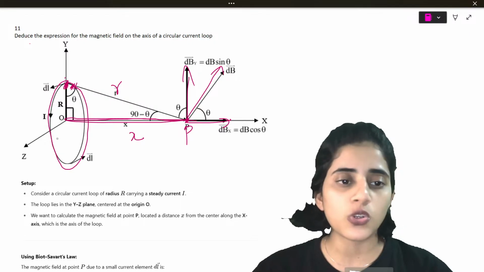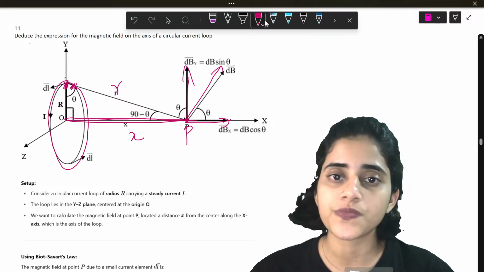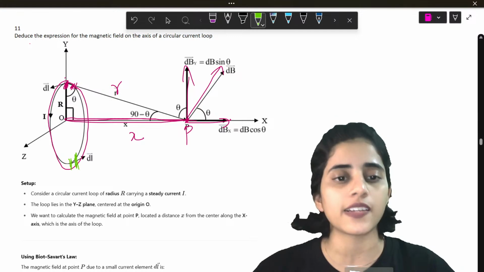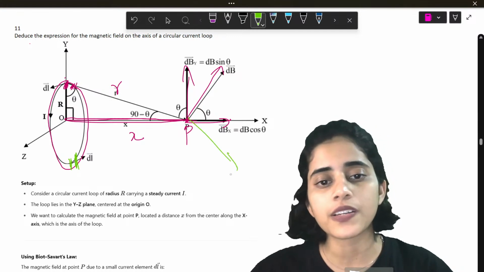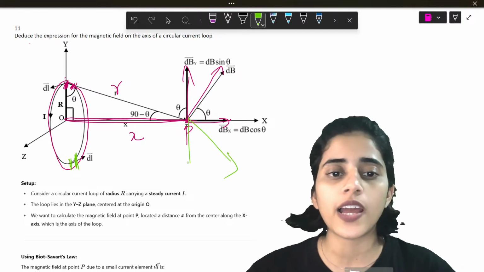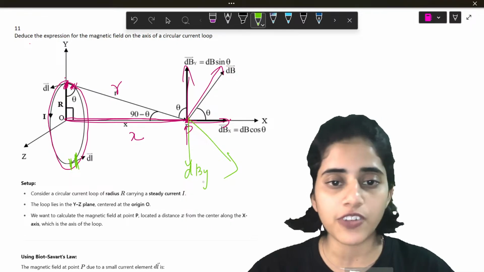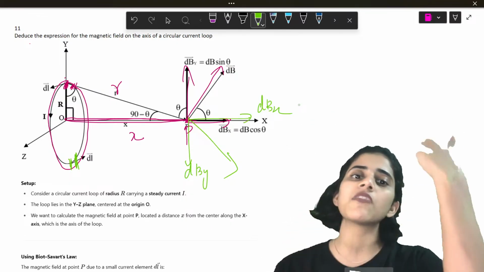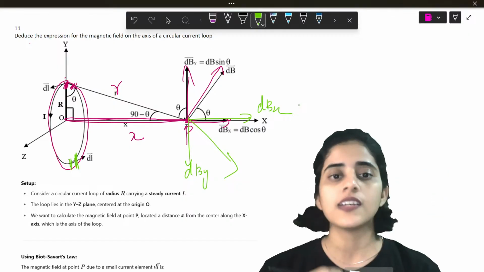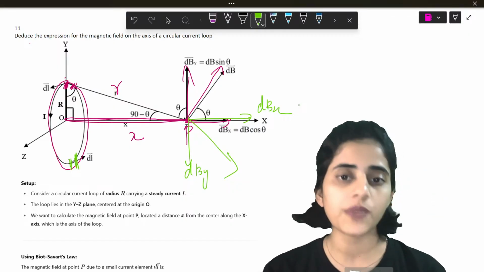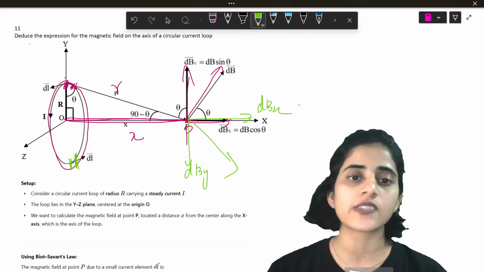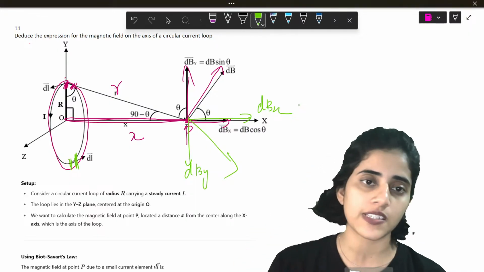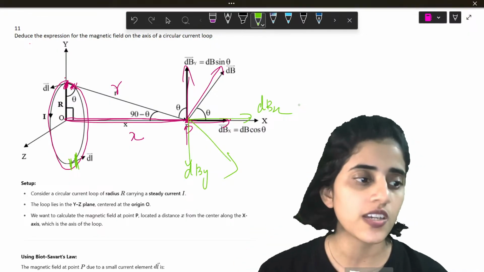Now imagine you take the area element to be this side. Then magnetic field will be like this. And then you will have a dBy and a dBx. Since the dBy components are opposite, they just cancel out. What remains? dBx. So the magnetic field is only going to be because of the x element. That is the first conclusion here.